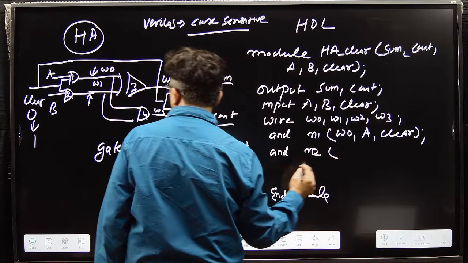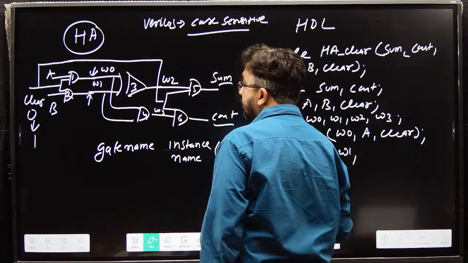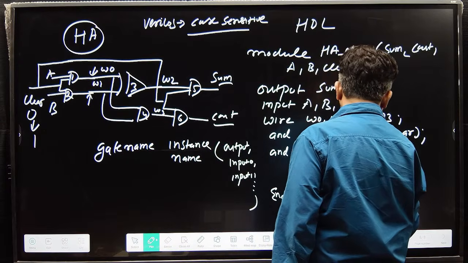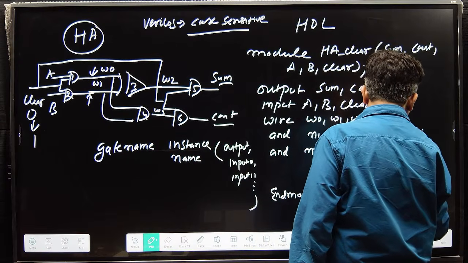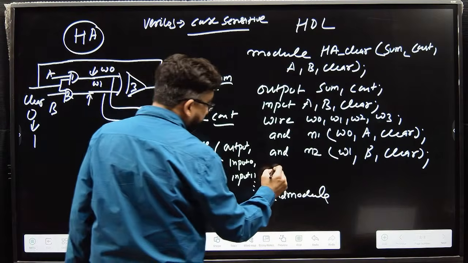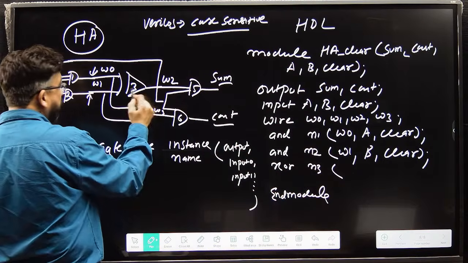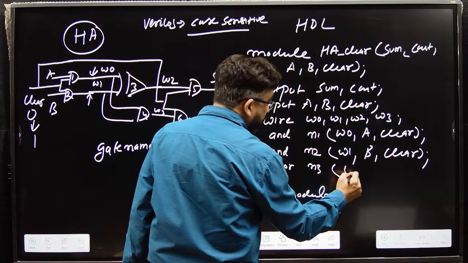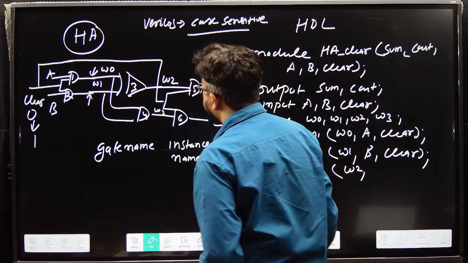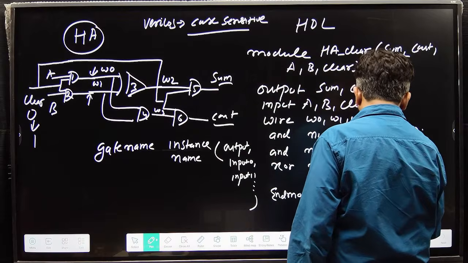Then the second gate, and N2. The output of gate number 2 is W1. Input is B and clear. Now this is my XOR, small xor N3. The output of this XOR is W2, and the input is W0 and W1.